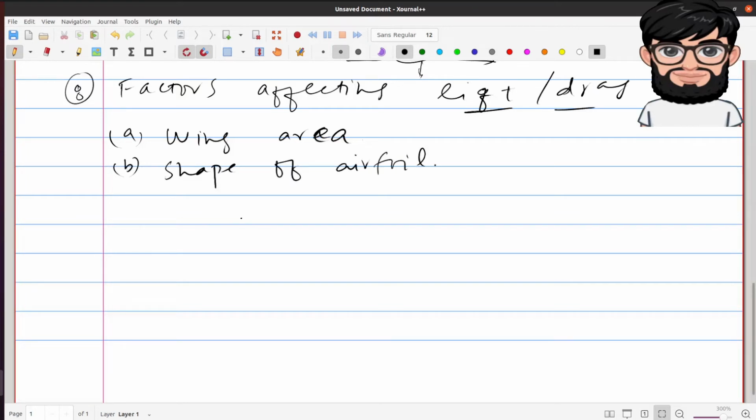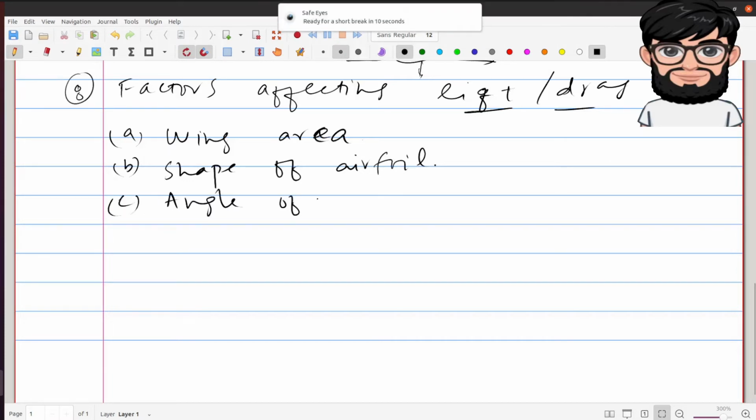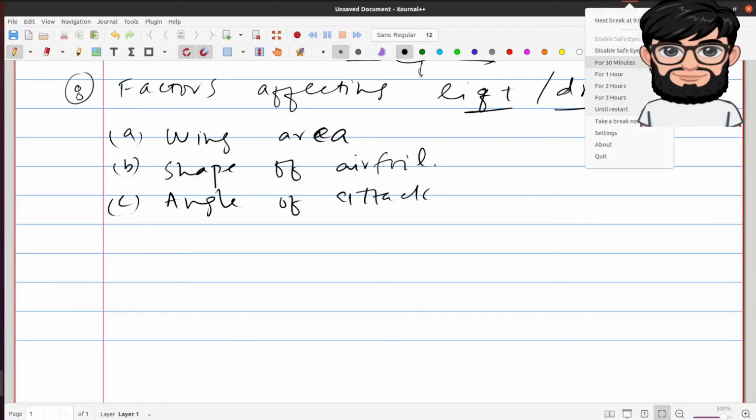Okay, then we have angle of attack. Then we have the velocity of the air.